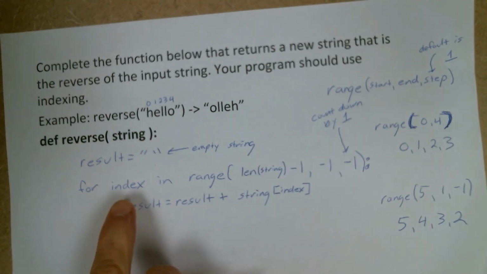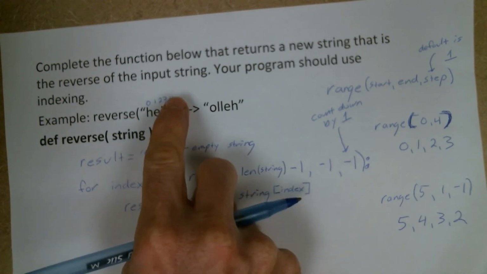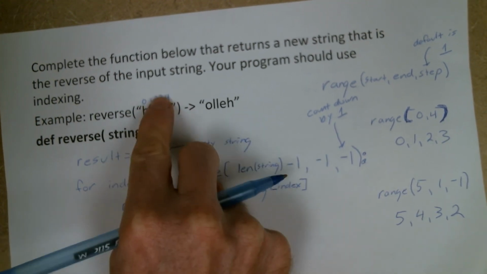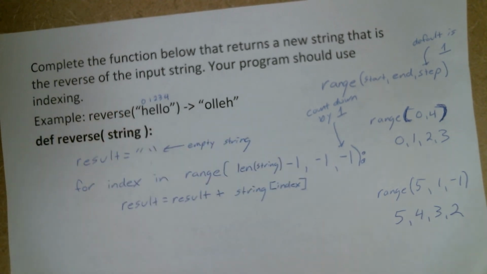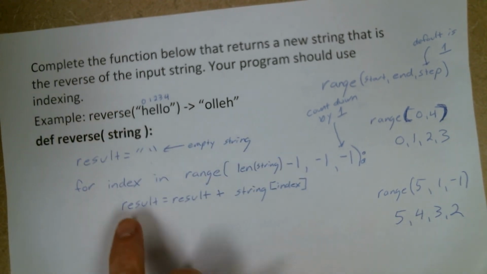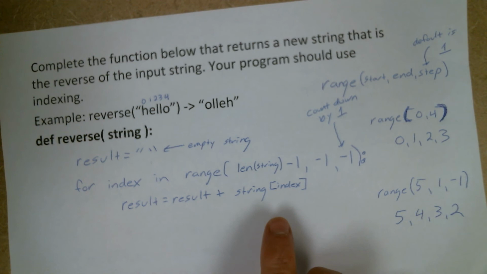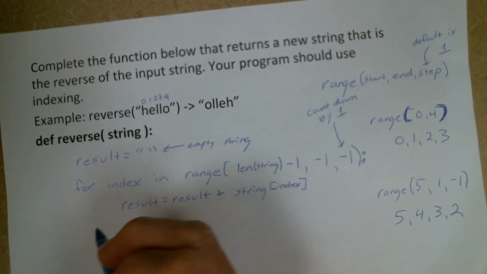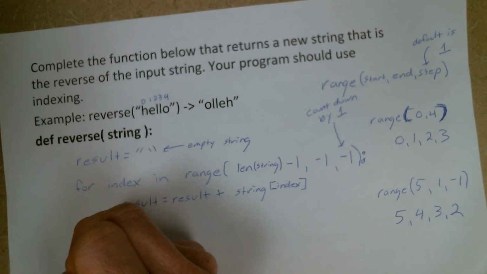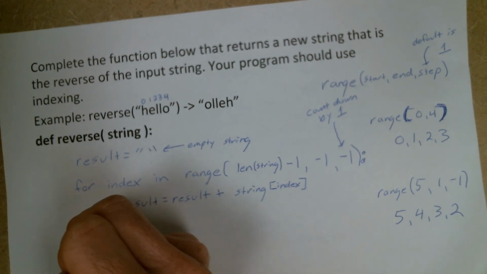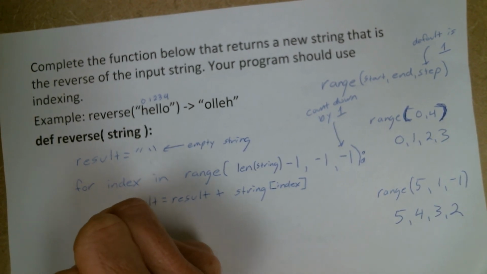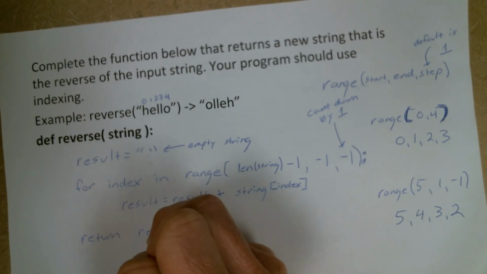Because remember, when we use indexing, this variable is not the individual letters, it's the numbers. So it's the number 4, the number 3, the number 2, the number 1, the number 0. And that's going to slowly build my string. Once the loop is over, so I'm no longer indented, I can then say return result.